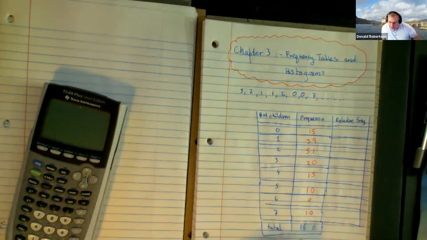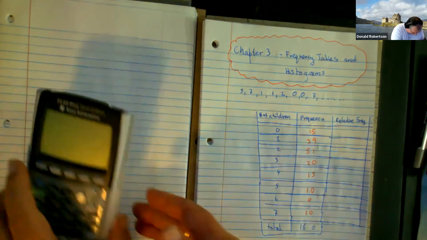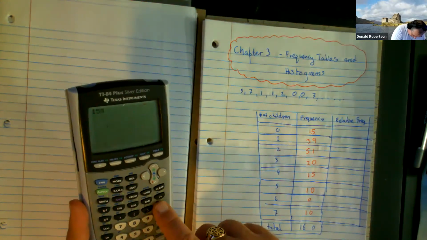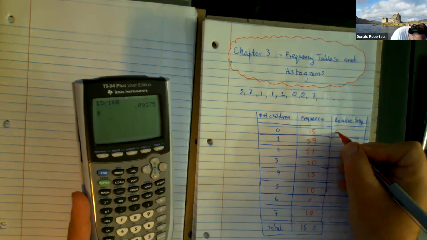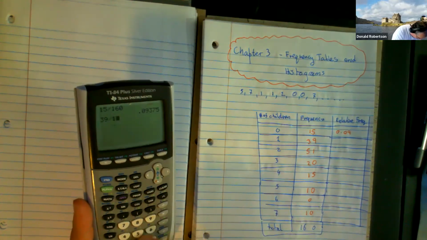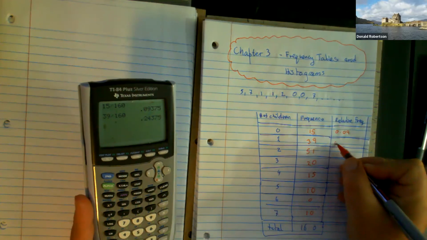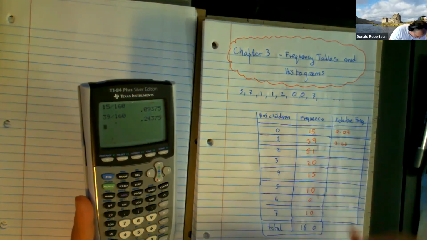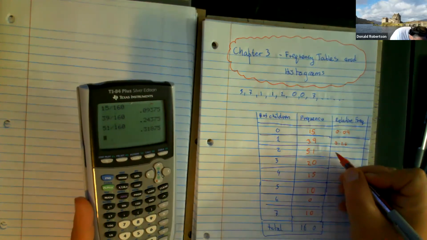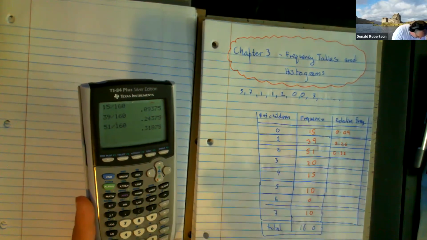The way you get the relative frequency is you take 15 and divide it by the total number. So 15 divided by 160, and you'd get approximately 0.09. Then 39 divided by 160, and you'd get 0.24. And then 51 divided by 160, and you get 0.32.